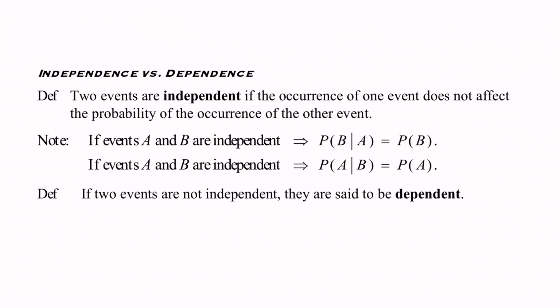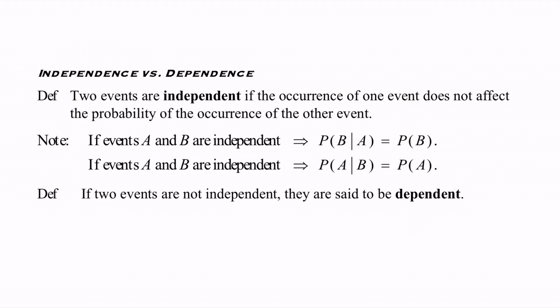So we say two events are independent if the occurrence of one event does not affect the outcome of the other event. So in other words, their conditional probabilities are not changed by the conditioning event.